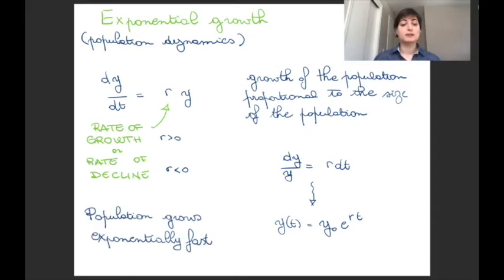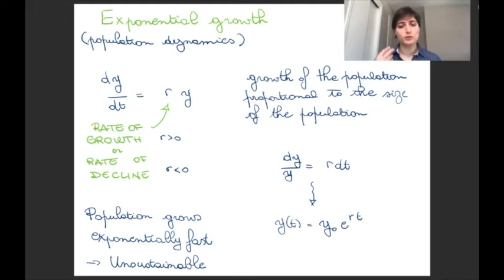That means that the population grows exponentially fast, and it grows forever. This is, when you look at it from a modeling perspective, unsustainable. You do not expect the population of rabbits to grow exponentially fast forever, because that would mean that the earth would be covered in rabbits, and we see that that's not the case.